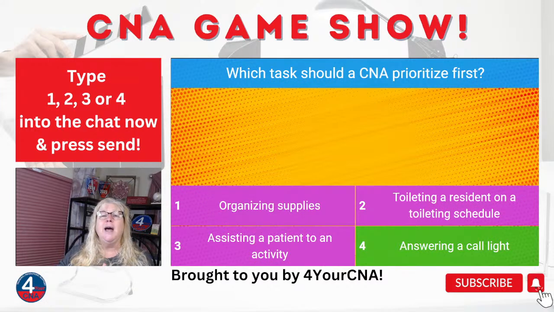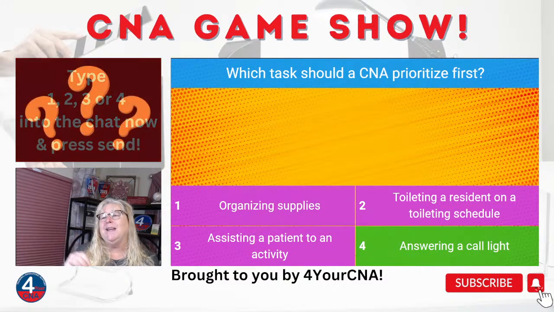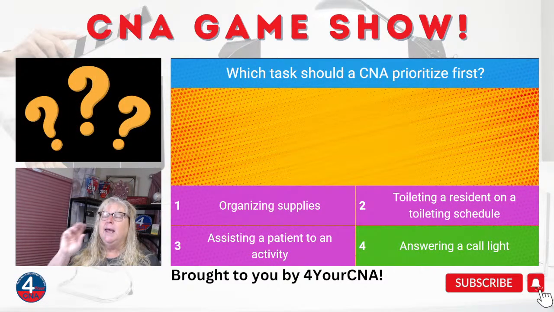So organizing supplies is often done at the beginning of a shift. It's a very common task, right? We're not saying it's not a task you would do, but it's asking which one needs to be done first. Organizing supplies, yeah, it's done, but it really shouldn't take priority over other matters.